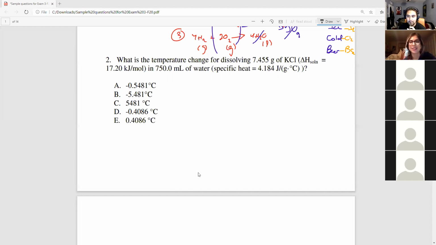But it looks to me like he gave us the change of H of solution is 17.20 kilojoules per mole. So wouldn't we have to convert that to just kilojoules and take the per mole out? Yeah, that's what Dr. Saupe did. And then he converted to kilojoules. Are you guys able to see it?